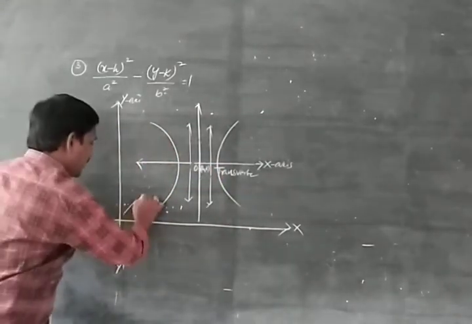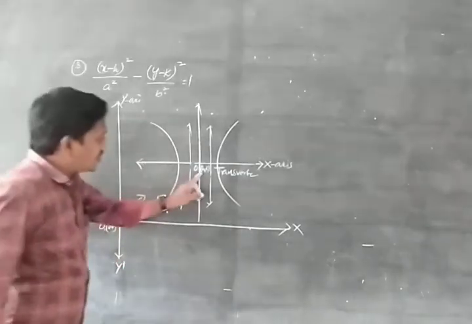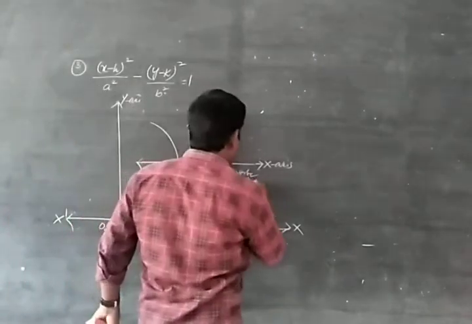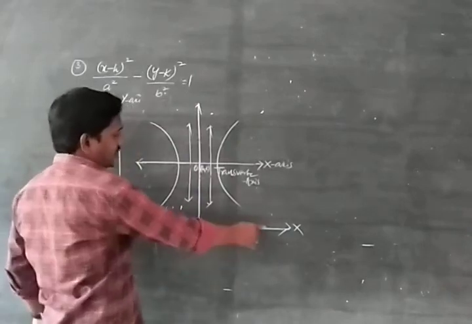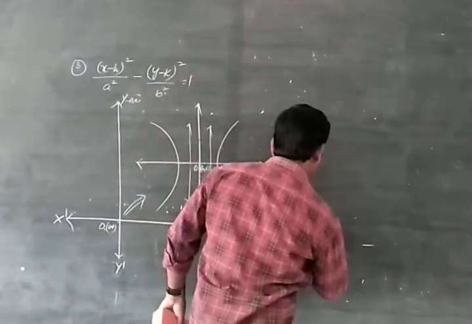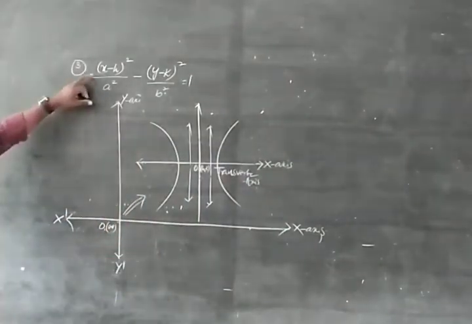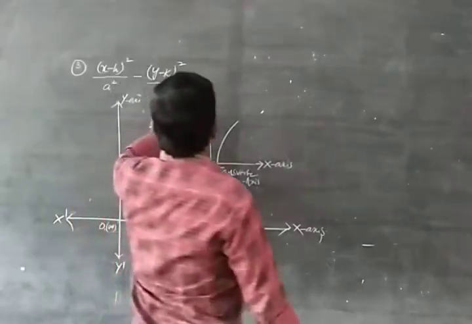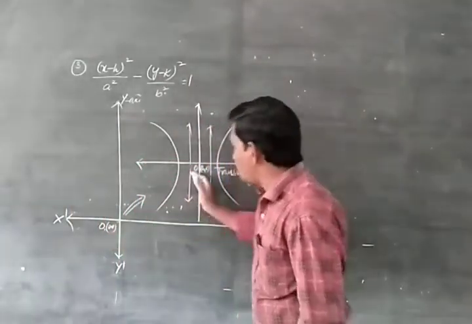So the origin 0 comma 0 is shifted to h comma k. Then the transverse axis is parallel to the x axis. This is the diagram of x minus h whole square by a square minus y minus k whole square by b square equal to 1.